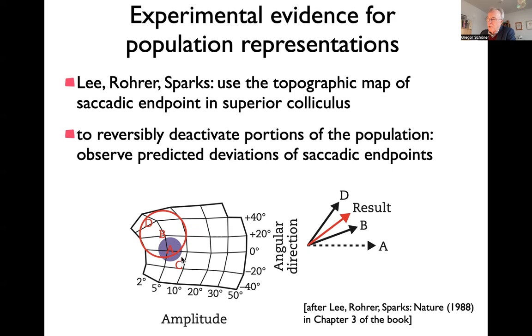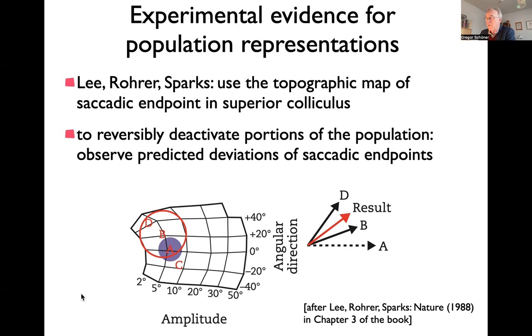A population around A will become active for this kind of saccade, B for that kind, and D for that kind. You can conversely also electrically stimulate a population here, in different layers, and elicit a saccade in that direction. So there's a very good mapping, tuning, between saccadic endpoint and the location in this topographic map.